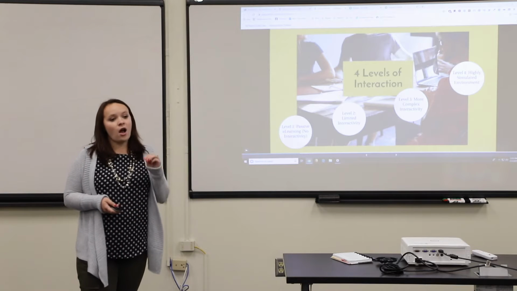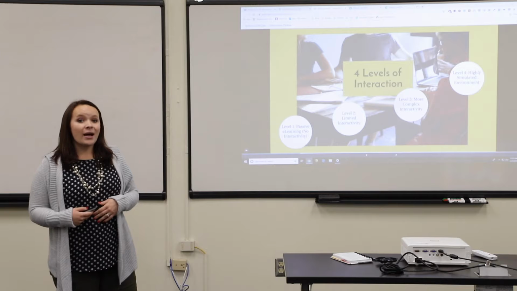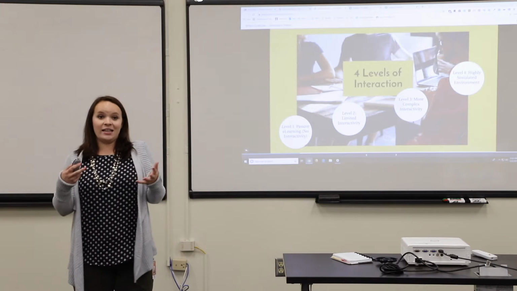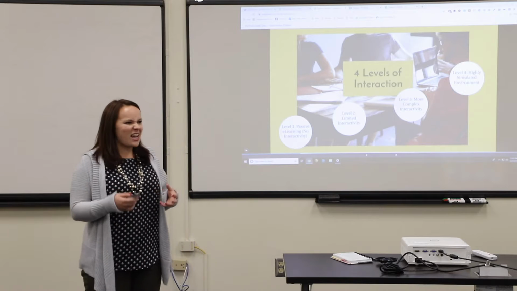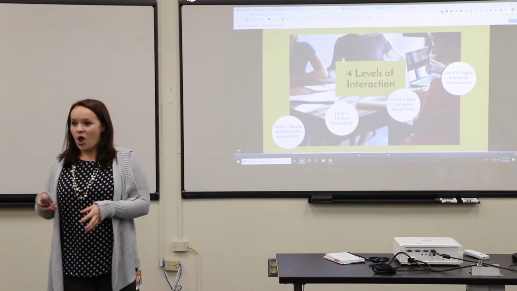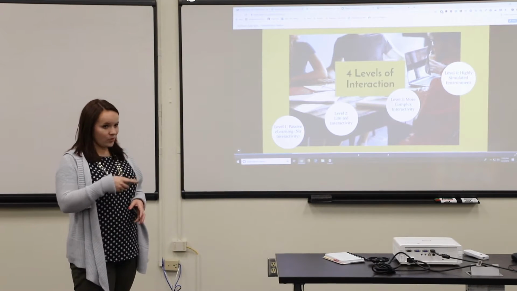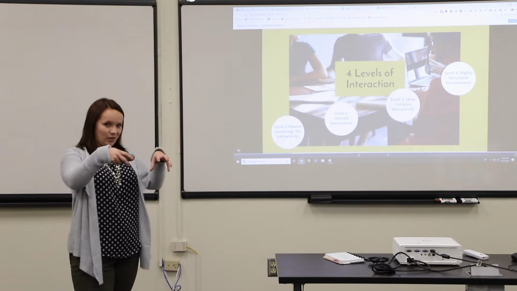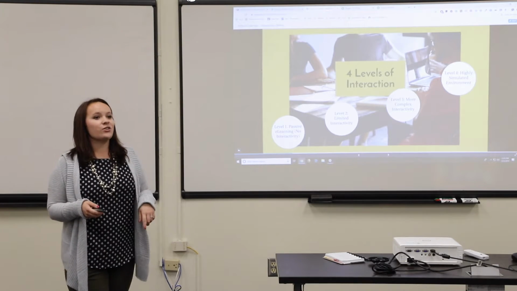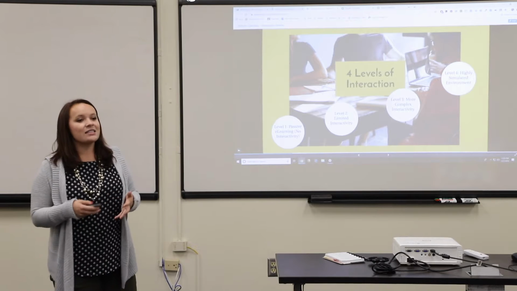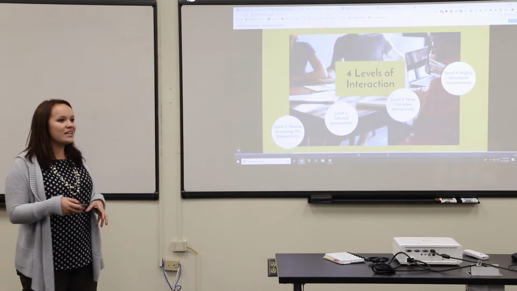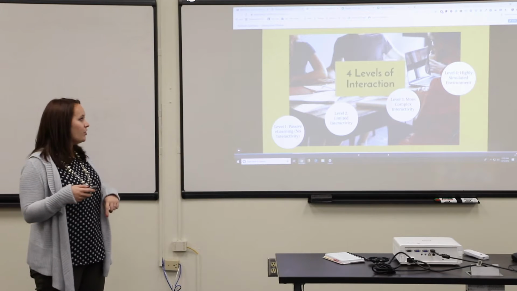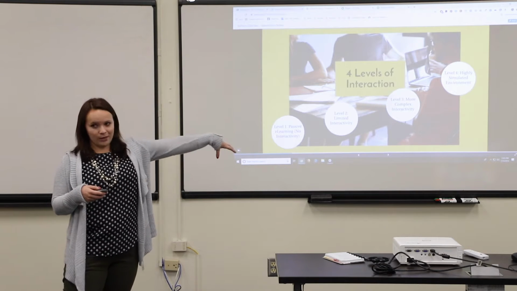The third is more complex interactivity. In my mind, this is the interactivity level that we are generally going for. We're really discussing the information that we're learning. We're interacting with one another, so as students, student to student, student to professor, and student to material. So some of the things that we've gone over, like H5P and different ways to interact with material, could come into this level 3.